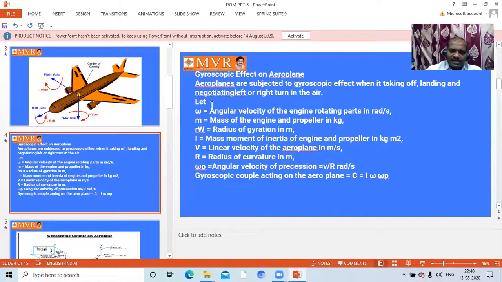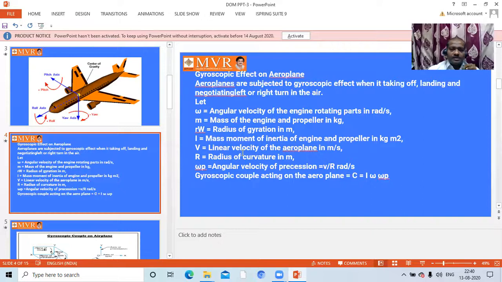First one: for balancing of the aeroplane, you have to consider ω, the angular velocity of the engine or rotating parts, given in radians per second. m is the mass of the engine and propeller in kg. R_w is the radius of gyration in meters. I is the mass moment of inertia of the engine and propeller, in kg m². V is the linear velocity of the aeroplane in meters per second.